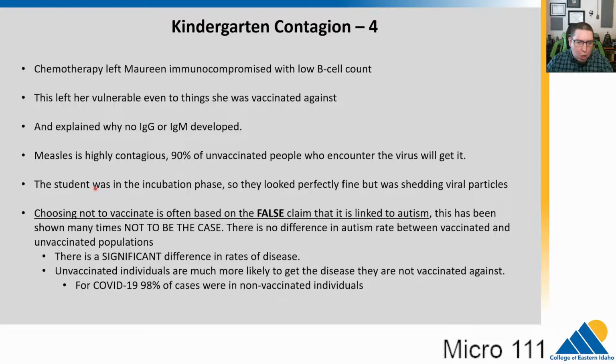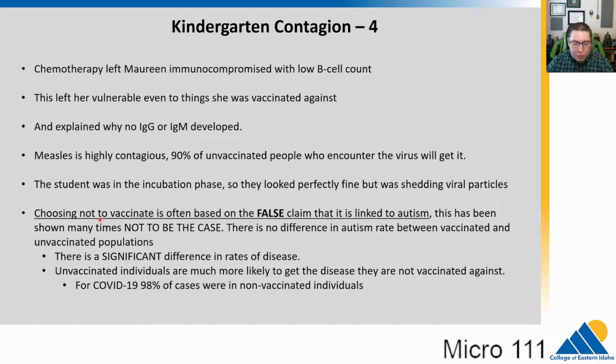There is a large and growing contingent of people that are choosing not to vaccinate either themselves or, more worryingly, their children. This has been based off a false claim that vaccines are in some way linked to autism. There is copious amounts of data out there that shows that this is not the case.